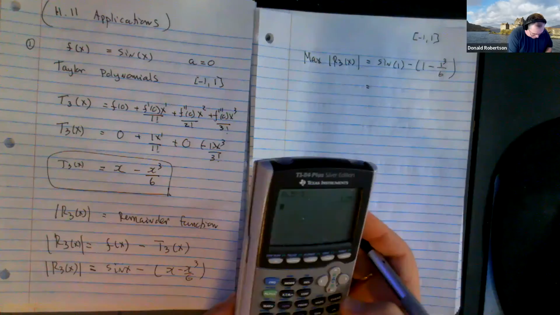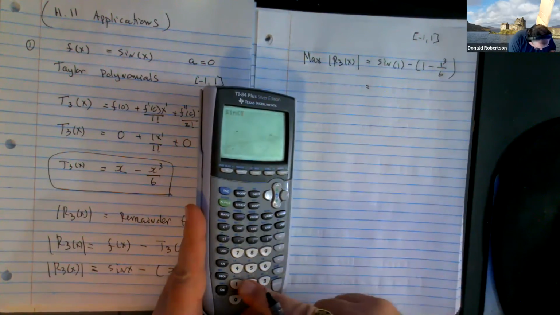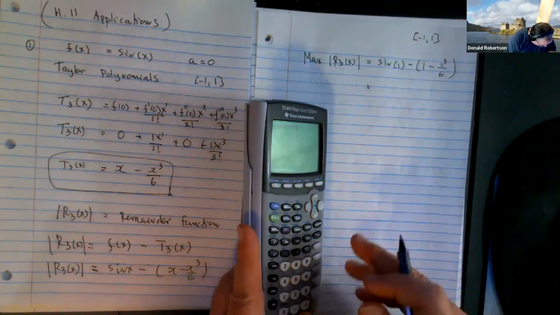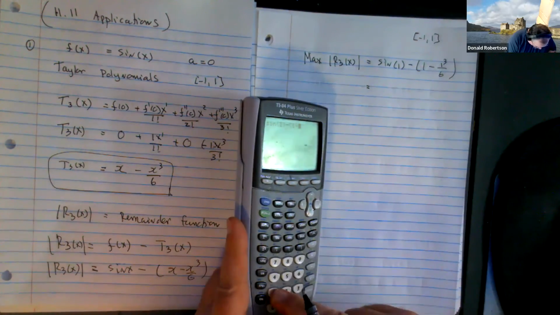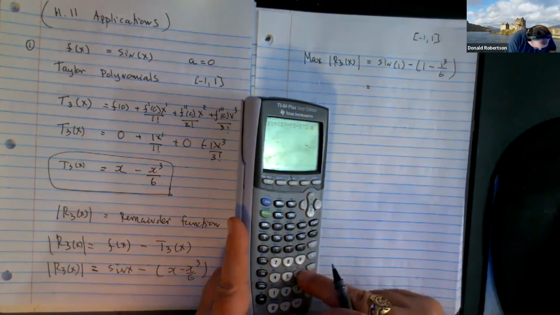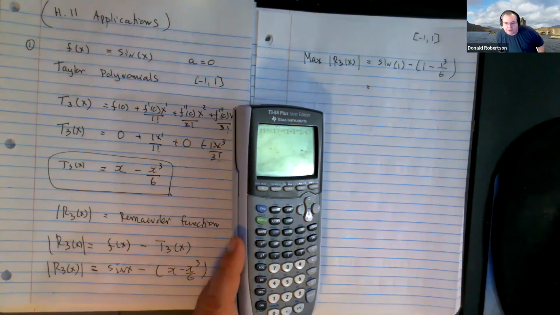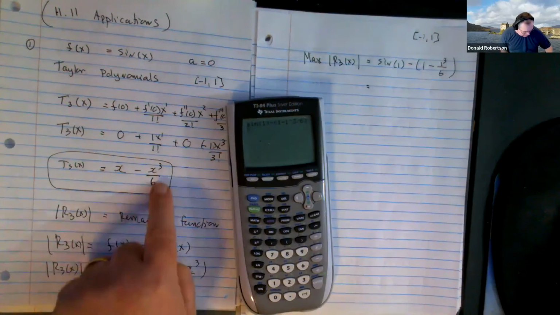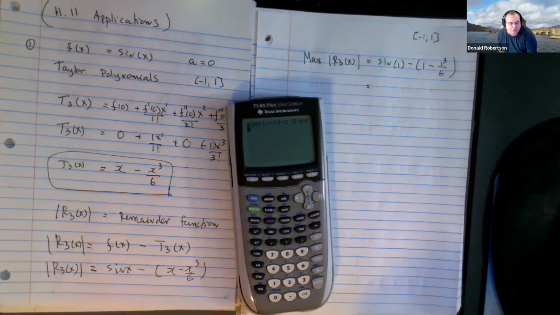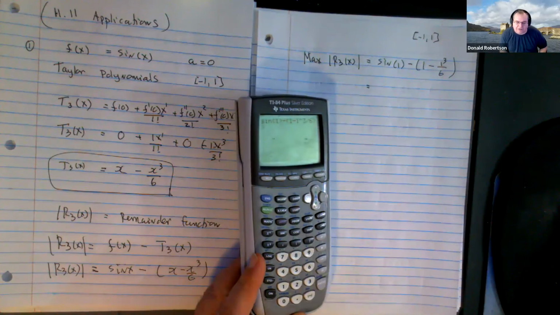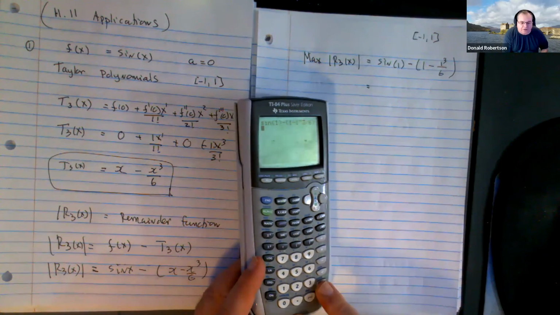Now, on our little guy here, the sine of 1, take away, put a bracket around it, 1, take away 1 cubed divided by 6. Now, I'm about to hit enter here. Do you think that this cubic is going to be good to 1 decimal place? Or do you think it's even better than being 1 decimal place? Right. So in your mind, say what you think it's going to be, and let's find out what it is.